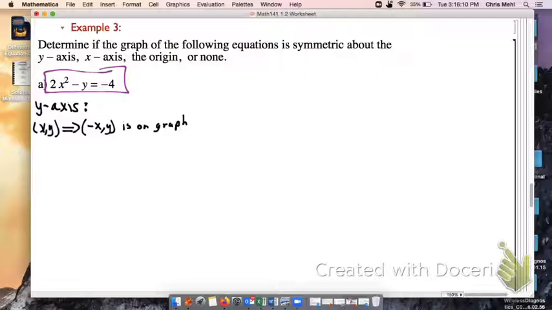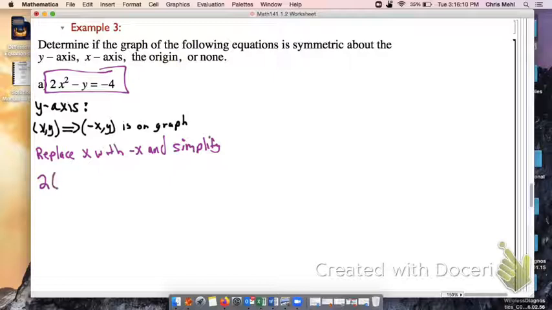So what I have to do is replace x with minus x in the equation and simplify. If I get the same expression back after simplifying, that tells me the point (minus x, y) also satisfies the equation, so it would also be a point on the graph. Okay, so now let's do that.